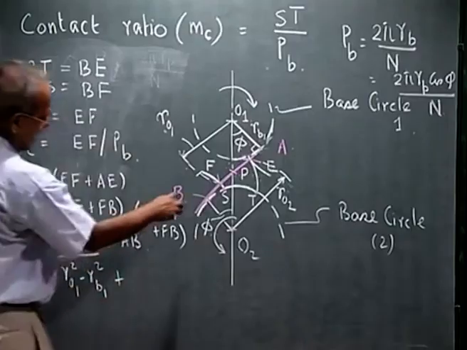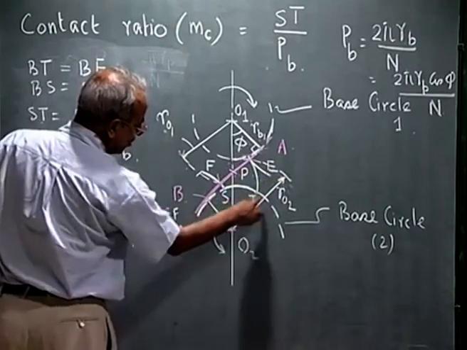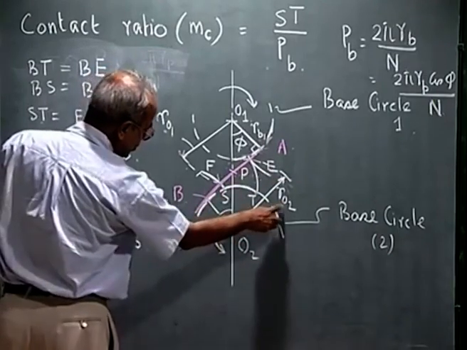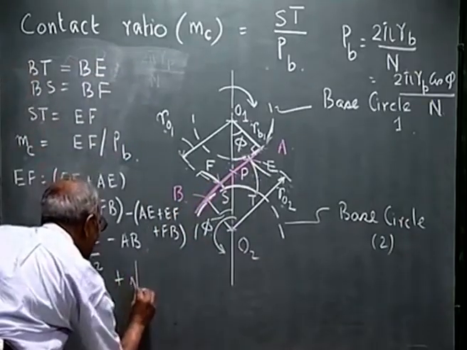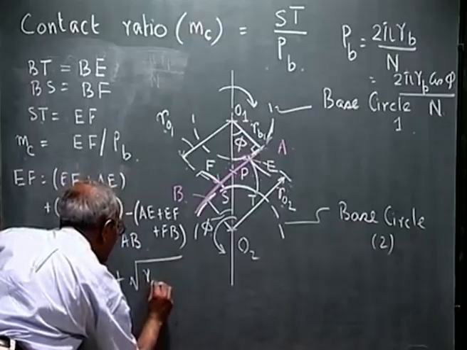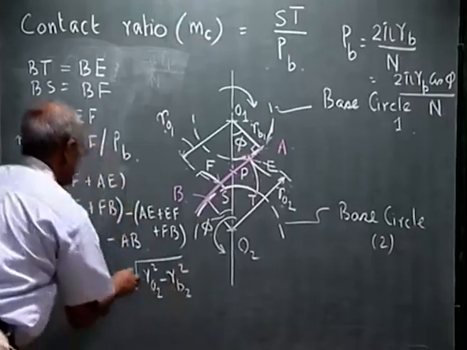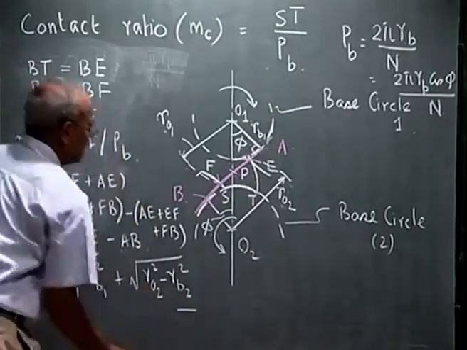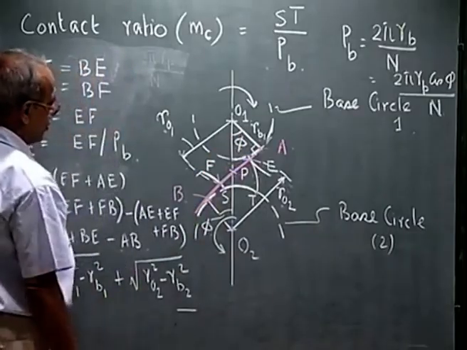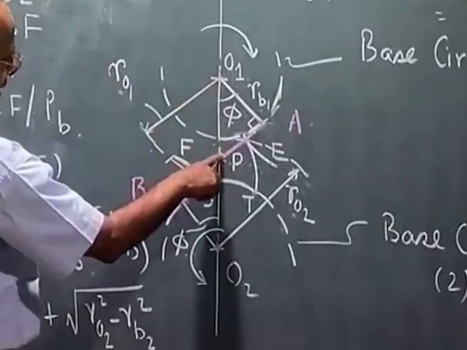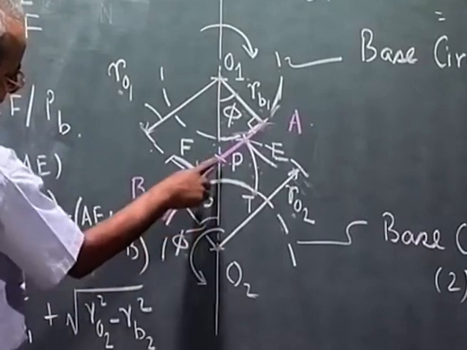The same way I can write BE. What was E? That was the addendum circle of this gear. So, O2E is nothing but RO2 and this is RB2. So, BE I get as the square root of RO2 squared minus RB2 squared, minus AB. AB: this angle is phi. So, O1P sin phi is AP, similarly O2P sin phi is BP.